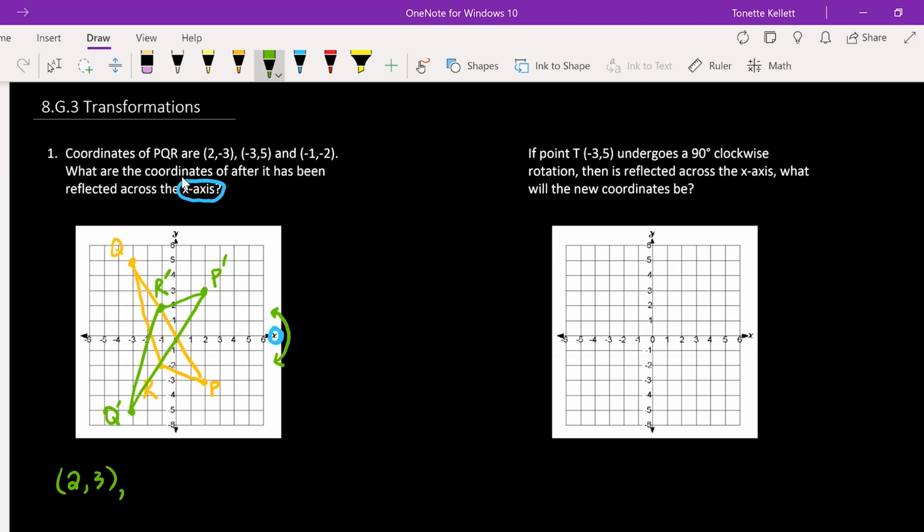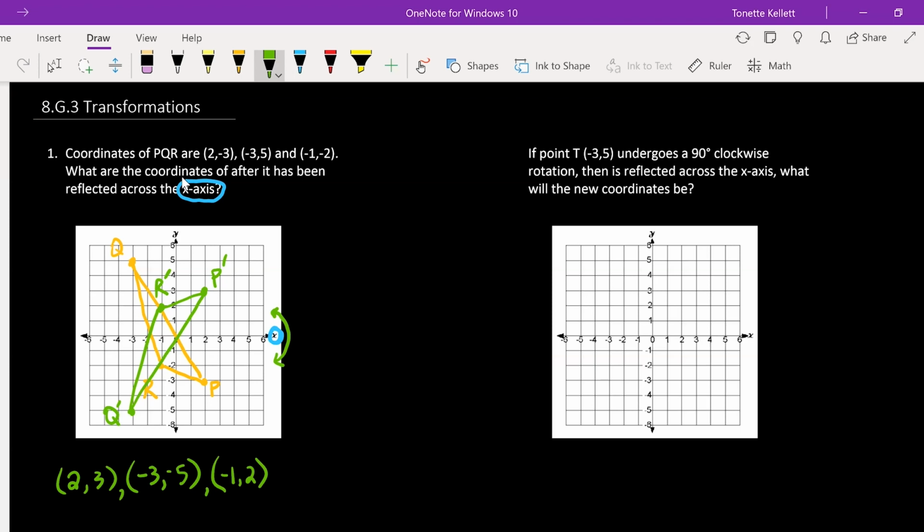Q, -3, -5. And R, -1, +2. There are your 3 points. So the first step is to plot the points if no graph is given, and that's what we did.